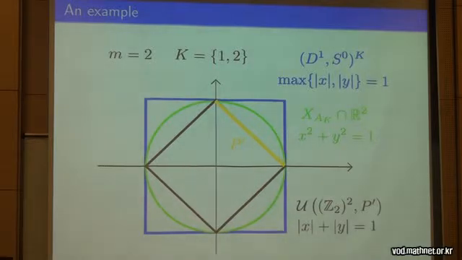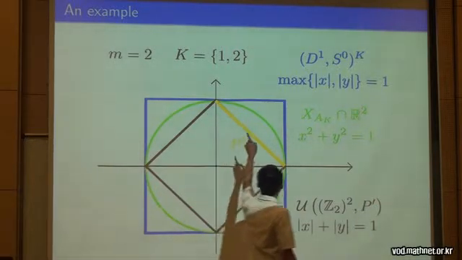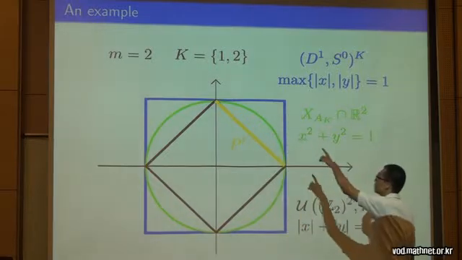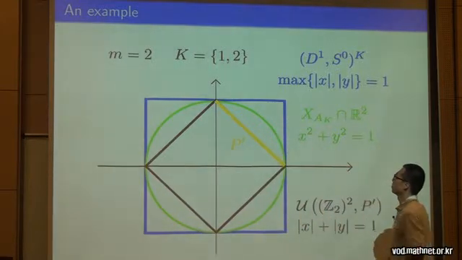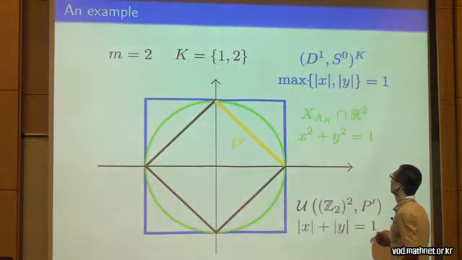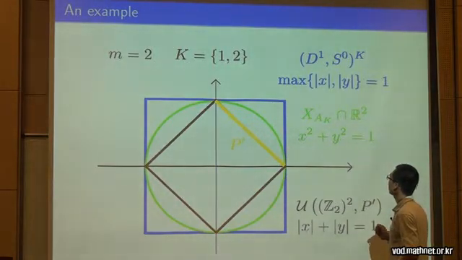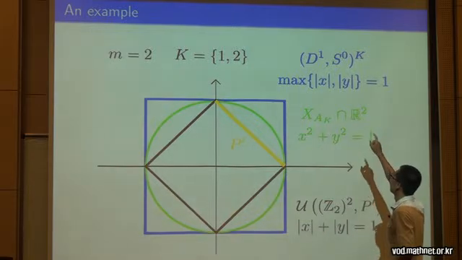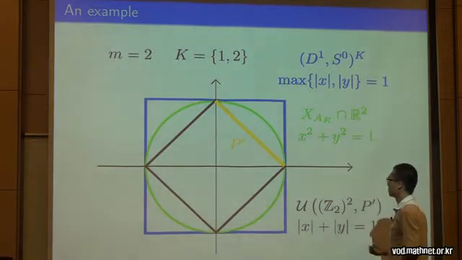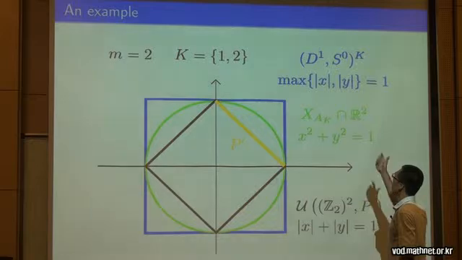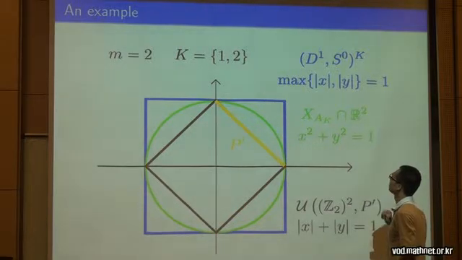So let's take an example of this. Take K to be the empty set with m equals 2. The respective real moment-angle complex, which is a subspace of the moment-angle complex, can be described this way.